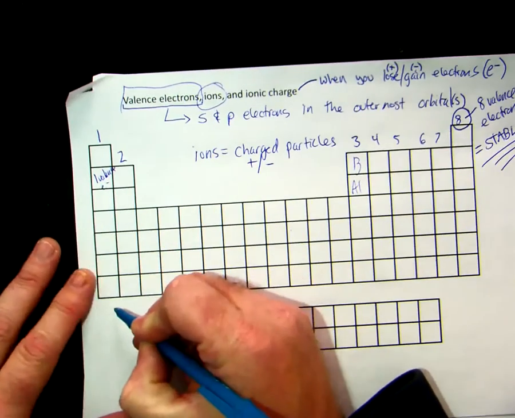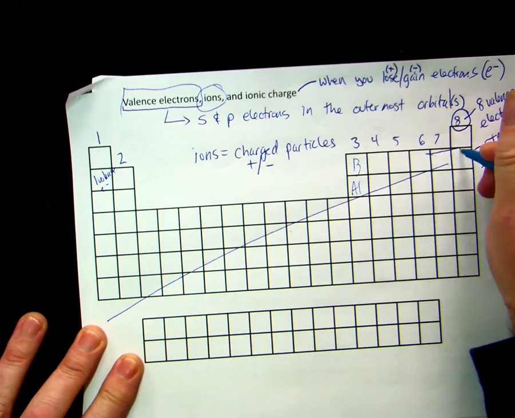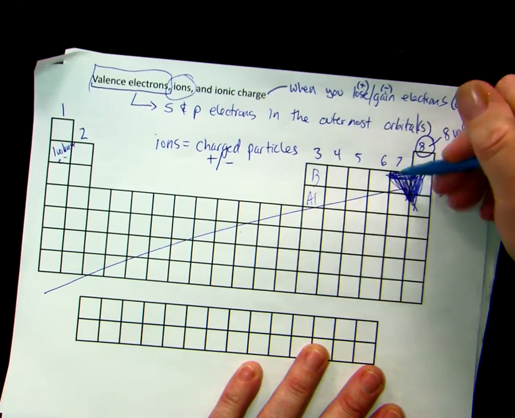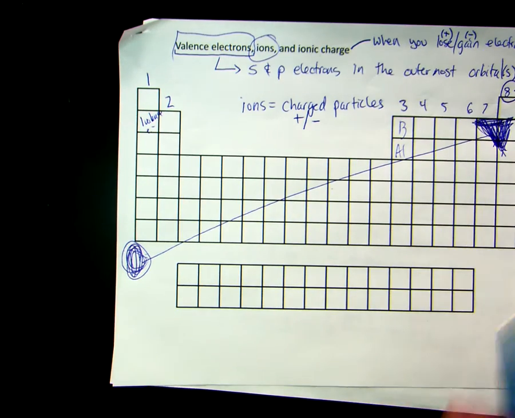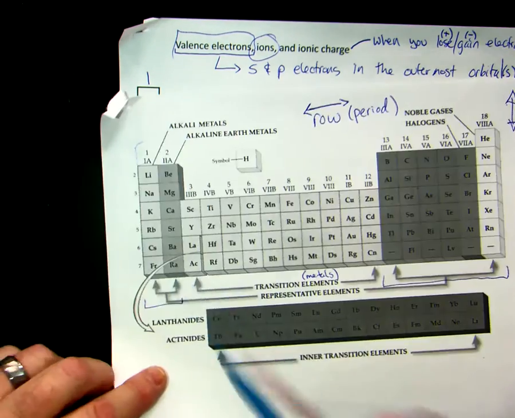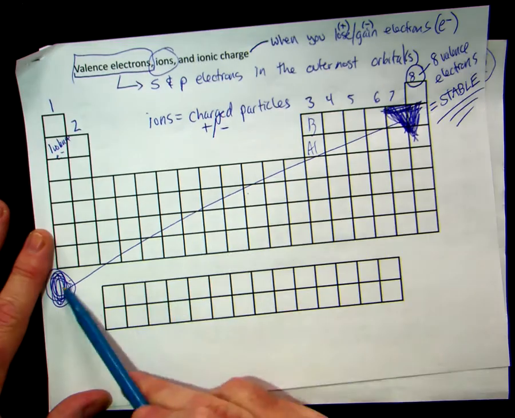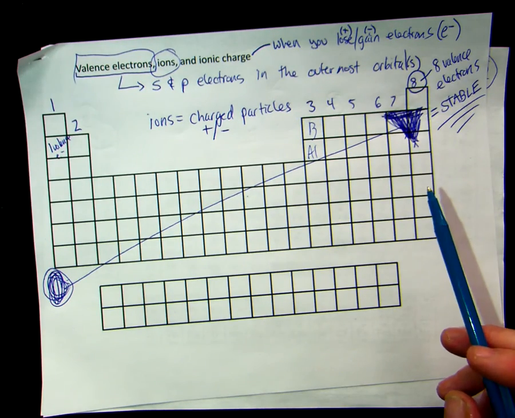When you look at a periodic table, I want you to think of this arrow. I'm trying to go from the bottom left corner up to the top right corner. If you can be familiar with this arrow, that will help you follow certain trends.